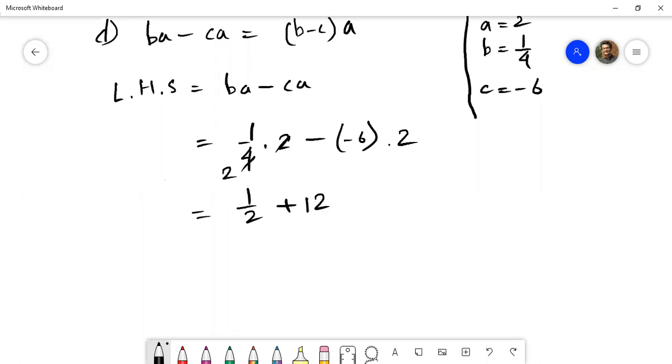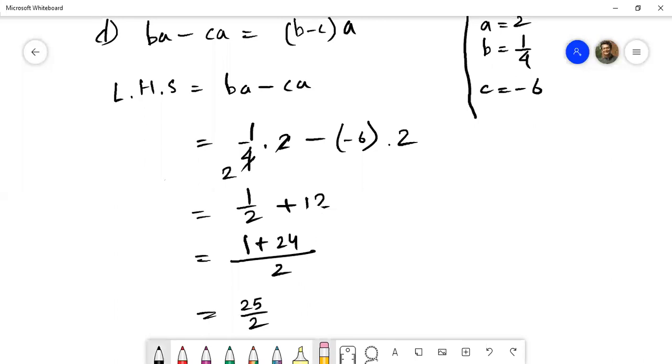You can see negative here and negative here, they multiplied and became positive. And we do the LCM, you get 1 plus 24, and you get 25 by 2. What I had done here is there's a 1, you divide 2 with 1, and you get 2. 2 multiplied with 12, you get 24. Okay.